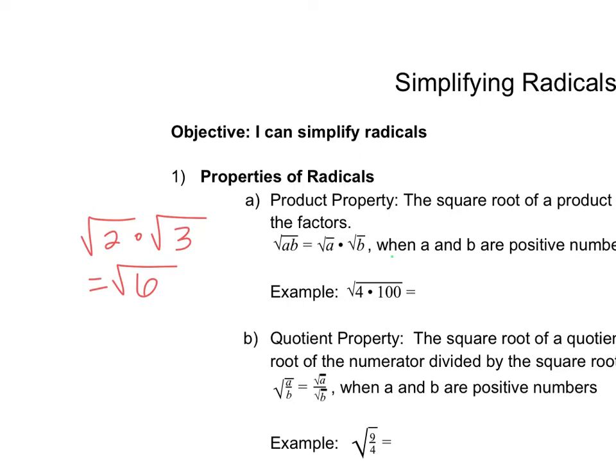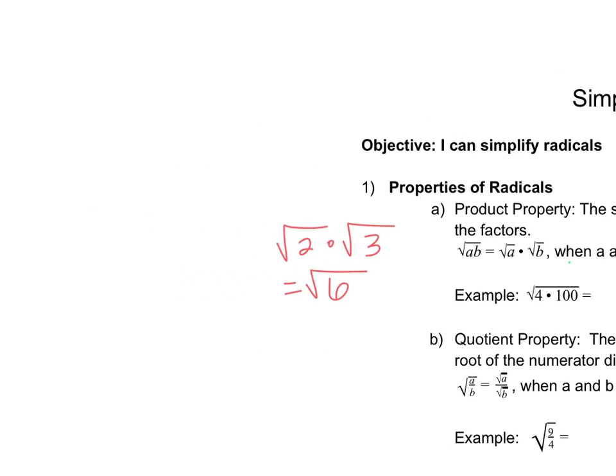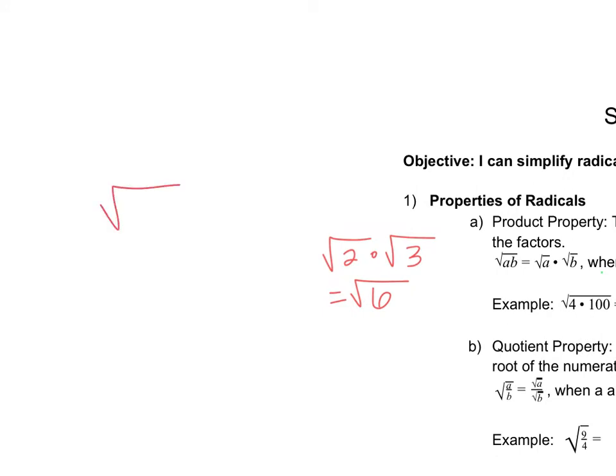You could also do the opposite and break it apart. So say you had the square root of 10. You could break that apart into the square root of 5 times the square root of 2.